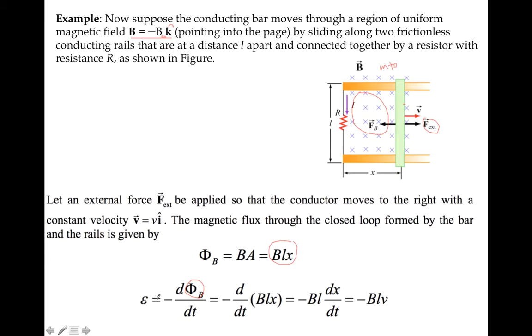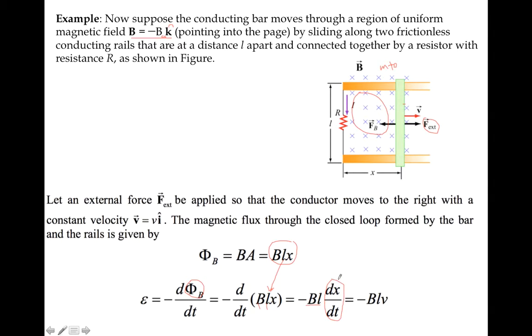The induced EMF will be simply, as defined previously, d phi dt, which is the derivative of this value here. B is constant and L is constant, so they come out, and the only one that is varying is x, because this is moving this way. So I have dx dt.